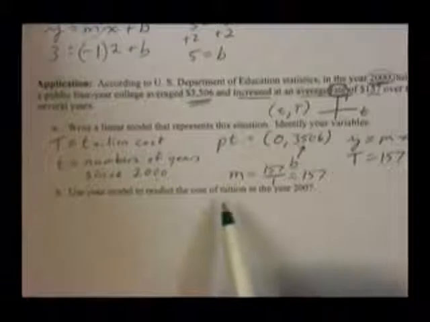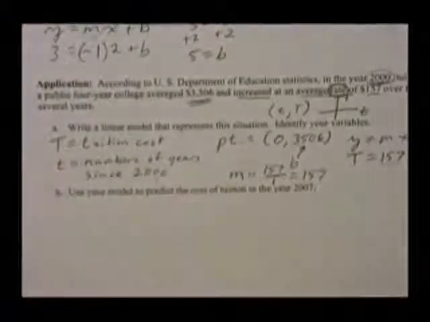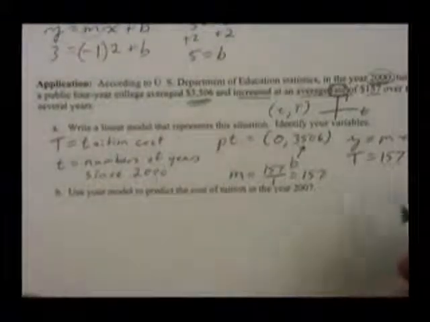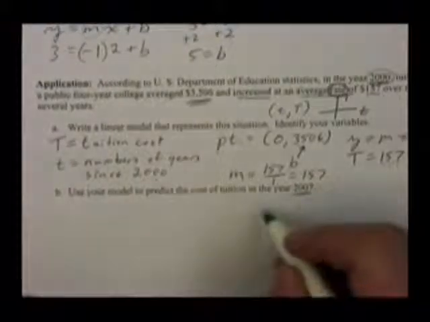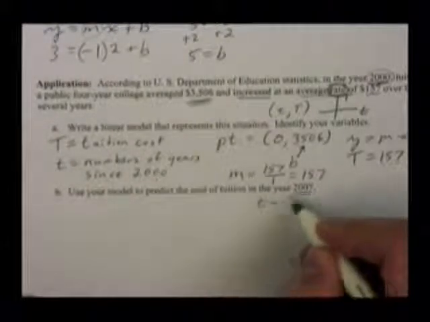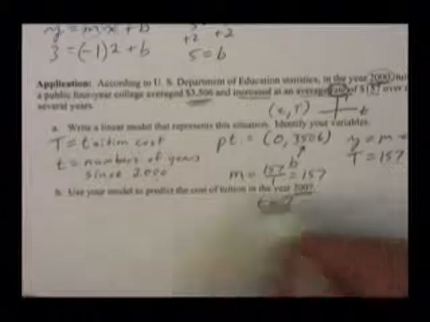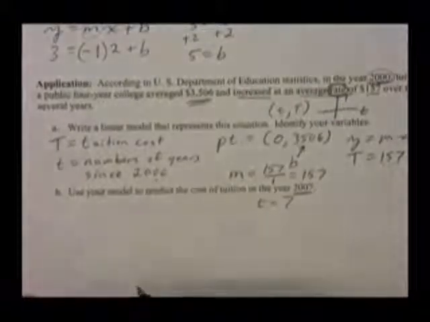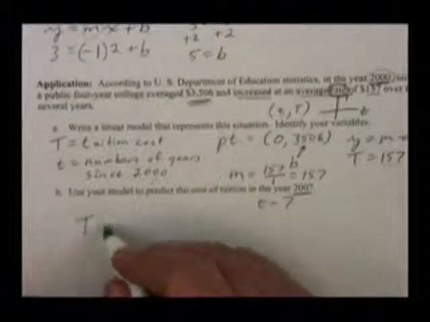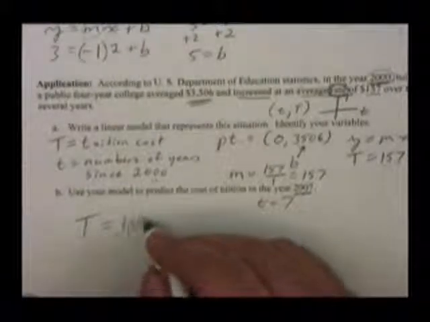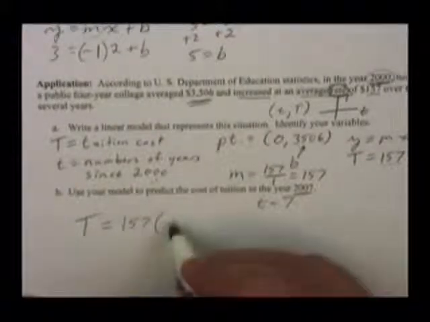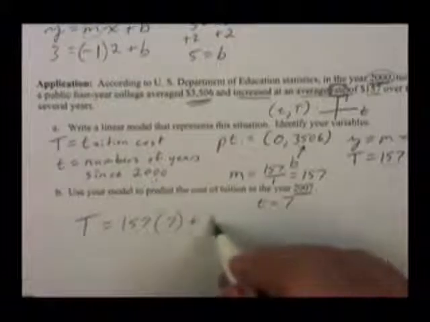Let's go down to part B. It says, use your model to predict the cost of tuition in the year 2007. So what we have there is a little t value, our time value, and our time value would be 7 because that's how many years since 2000 we're looking at. I'm solving for my capital T, which would be 157 times my t value, which is 7, plus 3506.